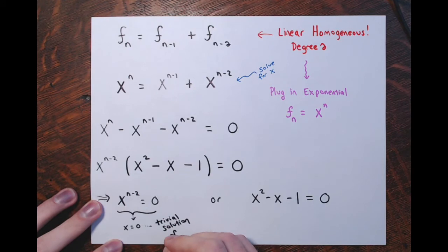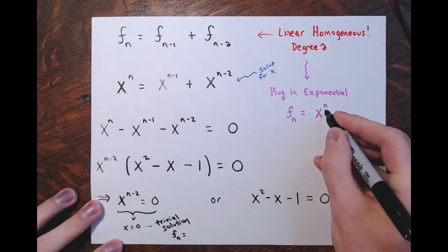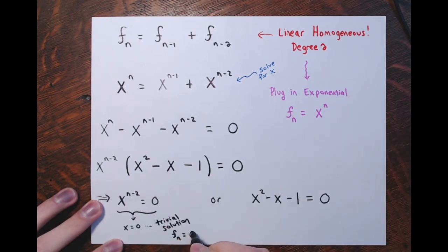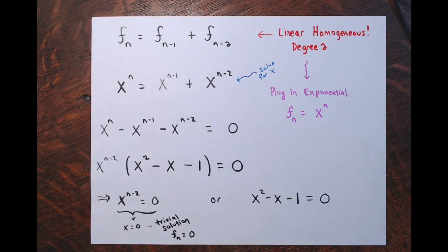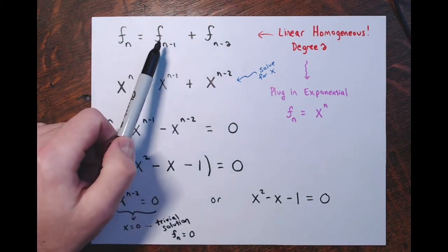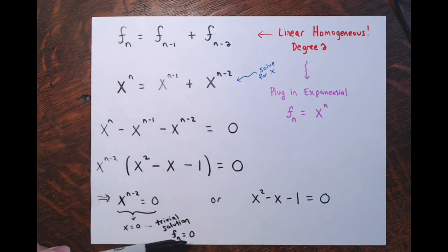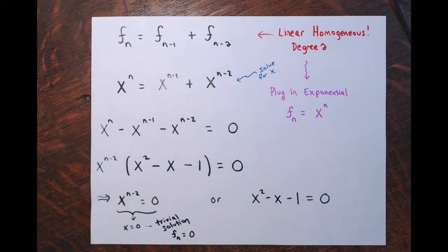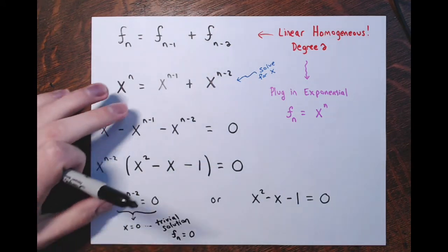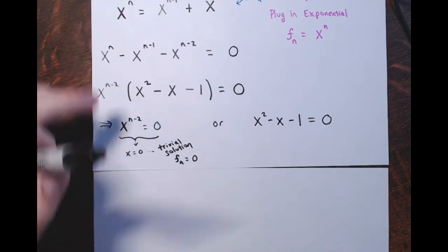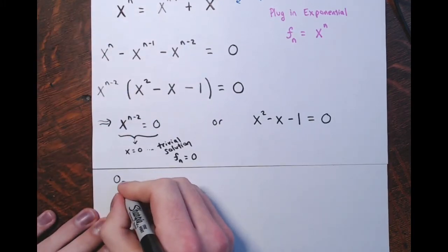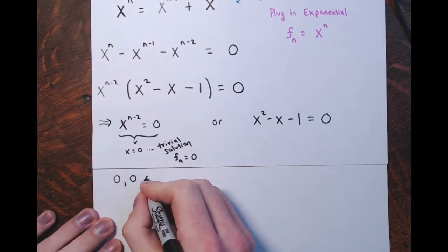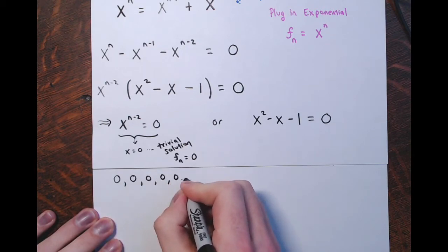F sub n equals 0 to the nth power. F sub n equals 0. And F sub n equals 0 works. I mean, you'd have 0 equals 0. If every single term of the sequence is 0, then this is satisfied. Let me show you. That would be f0 is 0, f1 is 0, f2 is 0, f3 is 0, f4 is 0.